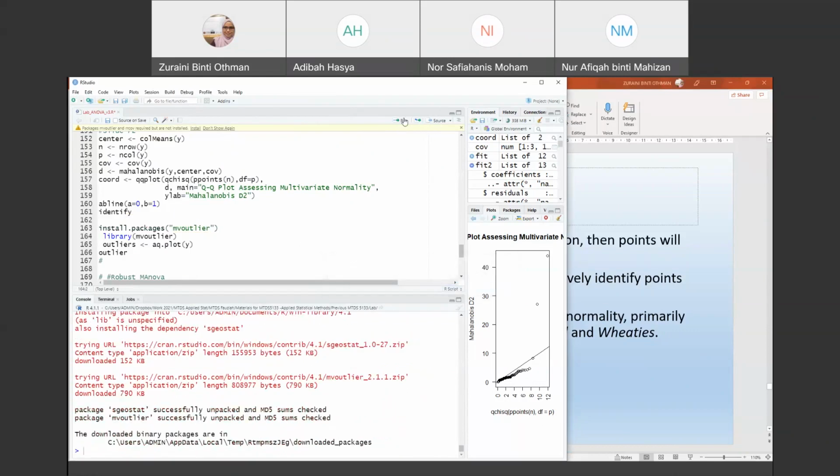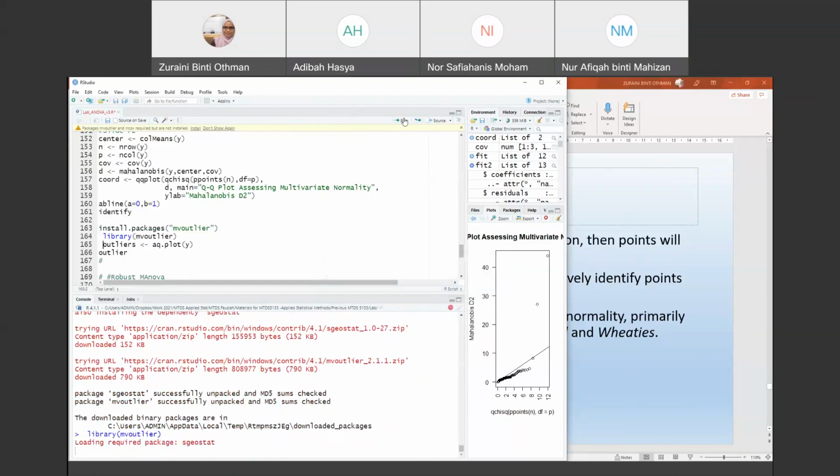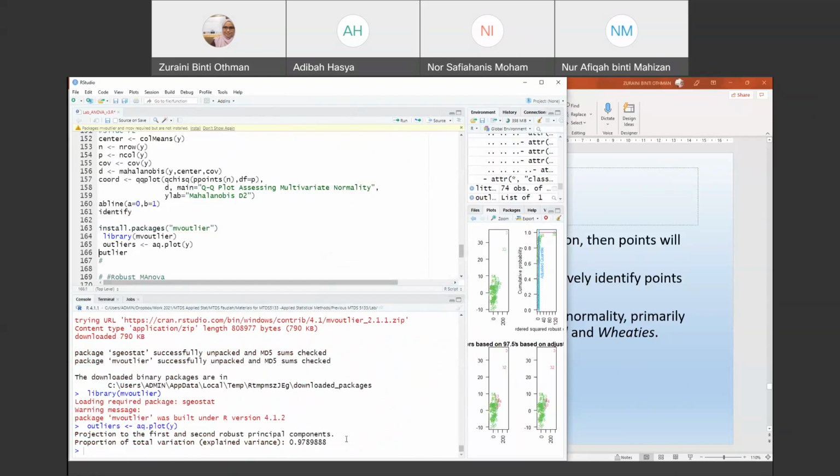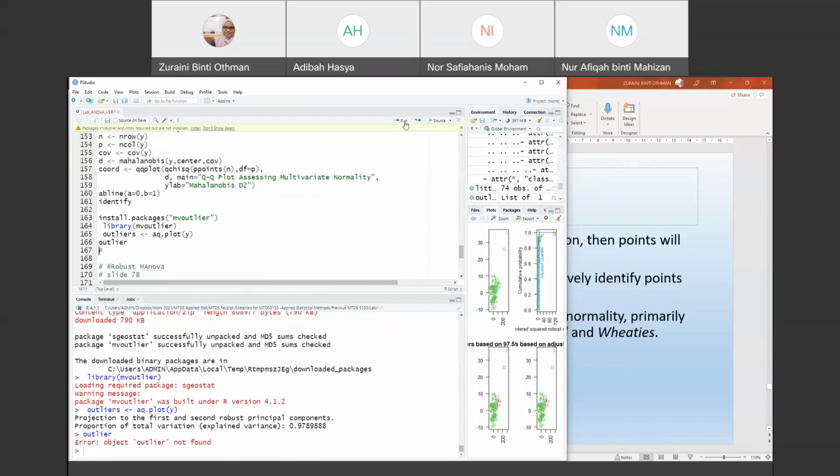Then for the library, we load the package. So this is how to, okay. So this is the outlier. And the projection, the first, second robust principal component, proportion of total variation explained is 0.97 and the outlier. Object outlier not found.